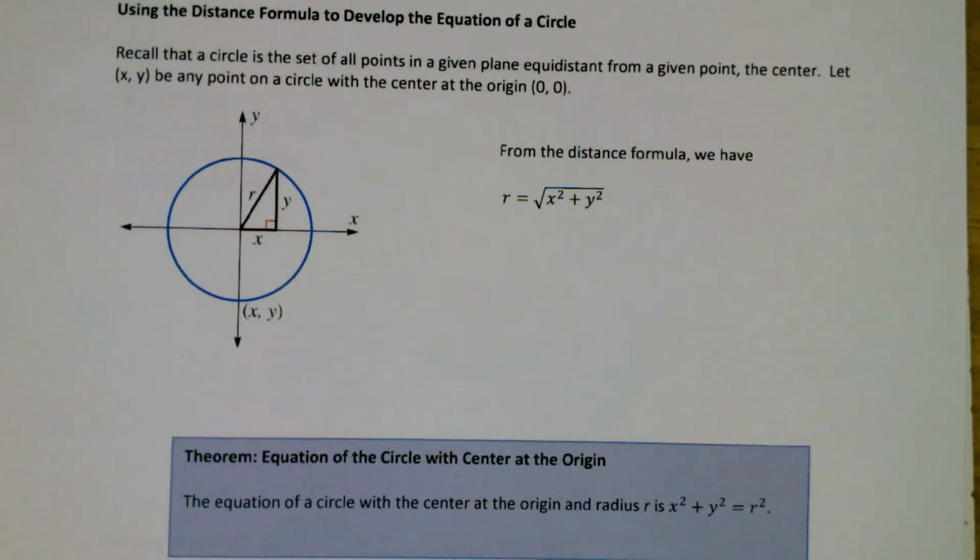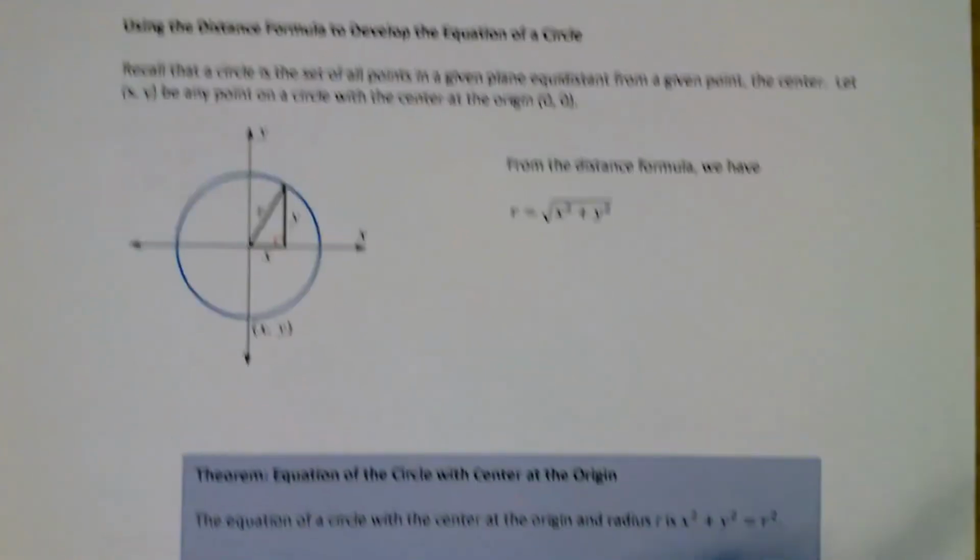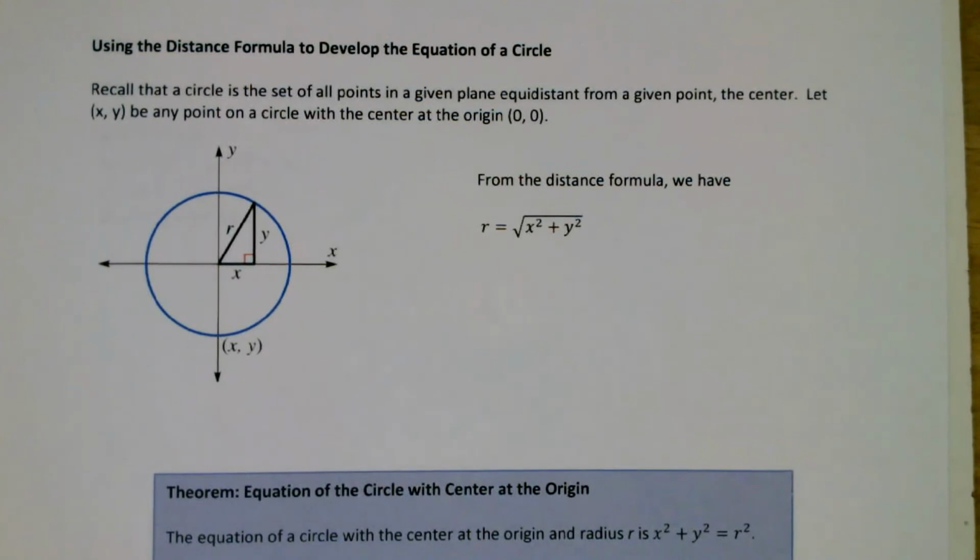So that's how the distance formula is used, but we can use that to develop the equation of a circle. If you recall, a circle is a set of all points in a given plane equidistant from a given point, which is the center.